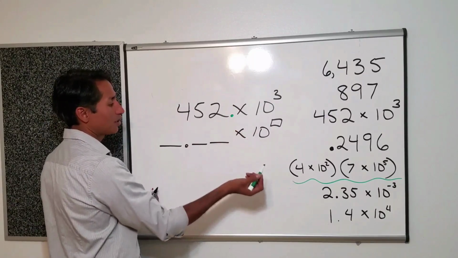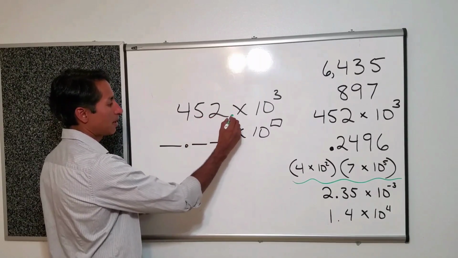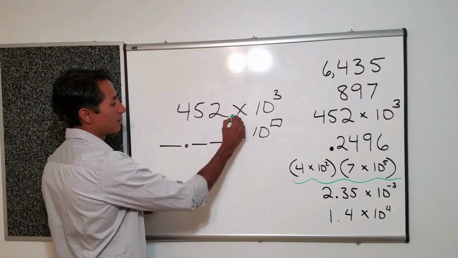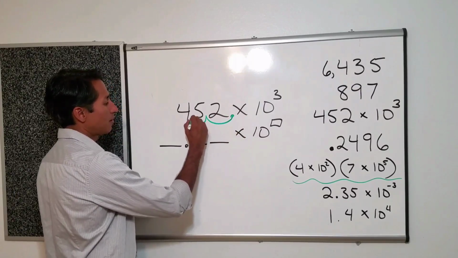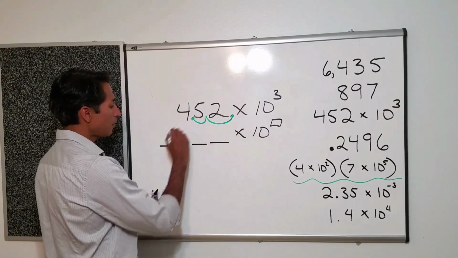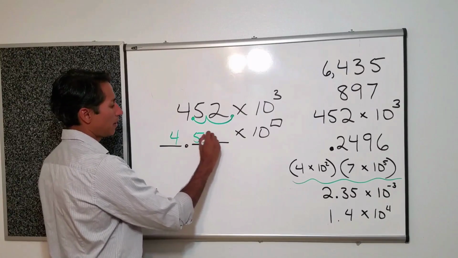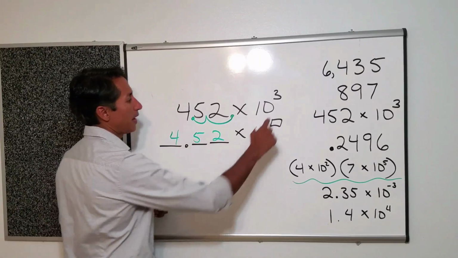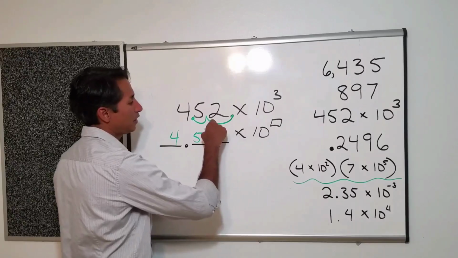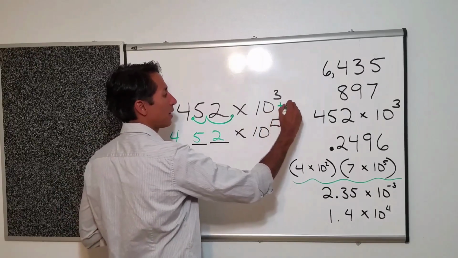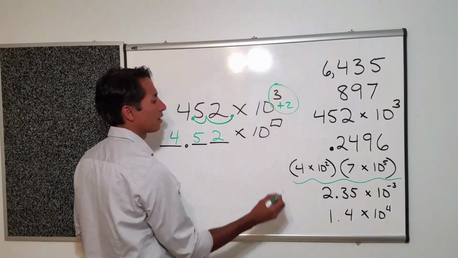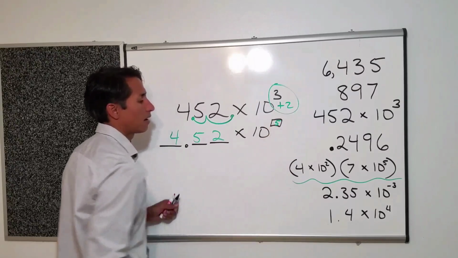So we know that there's a decimal here because this is a number, and this is the end of it. So we move it over 1, 2. We write our number in here, 4.52. We had a 3 there. I moved it 2 more times, so I can just add those together. And now I have a 5.